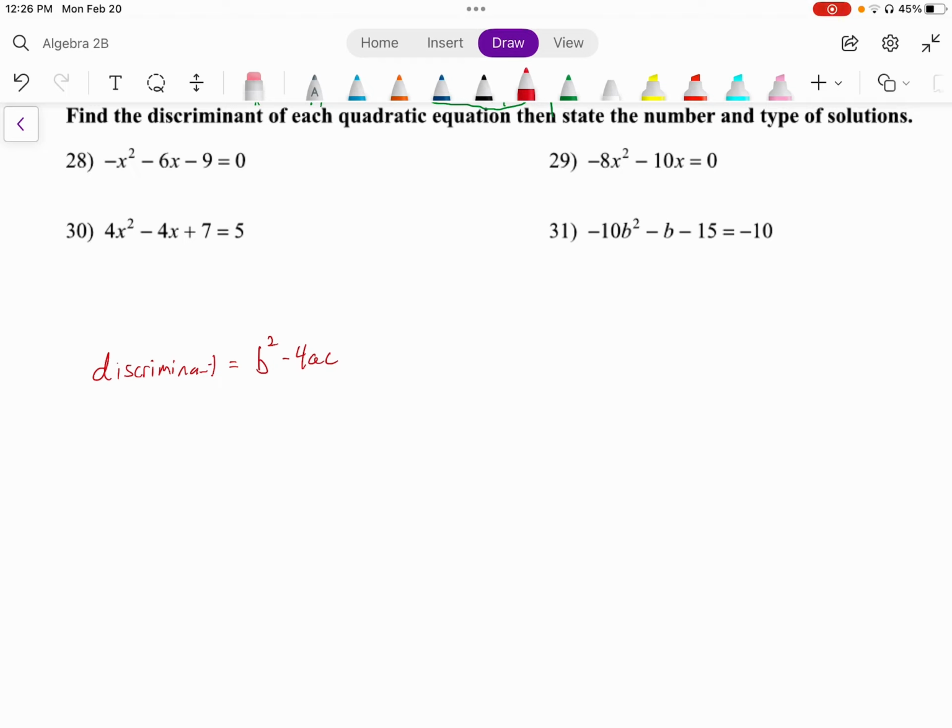Now, what does this discriminant tell us? It tells us the number and types of solutions. We have the number of solutions and the type. So if the discriminant is negative, we have two complex or imaginary solutions.